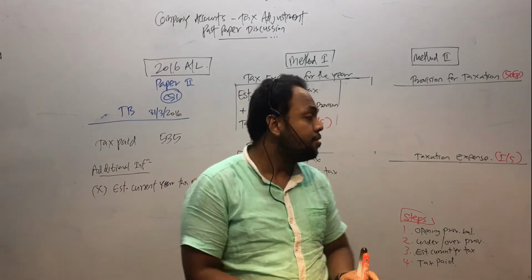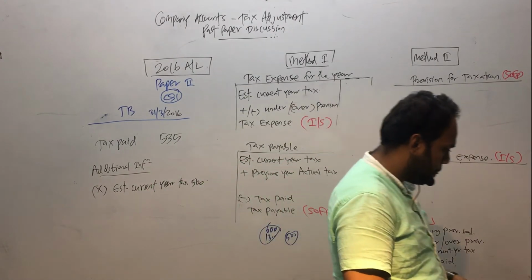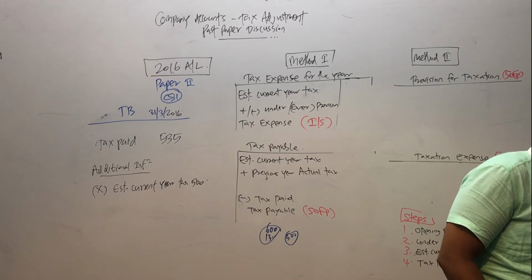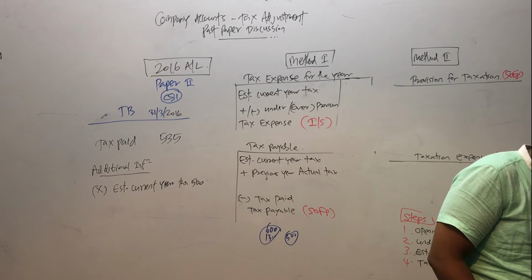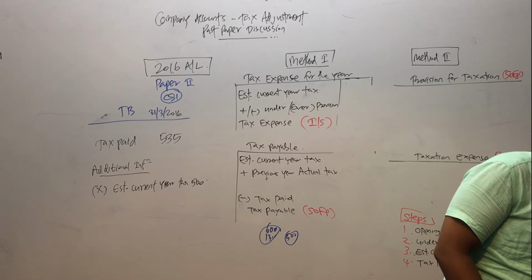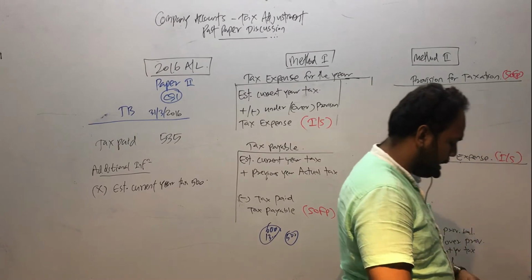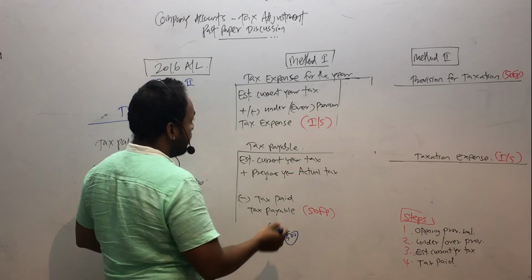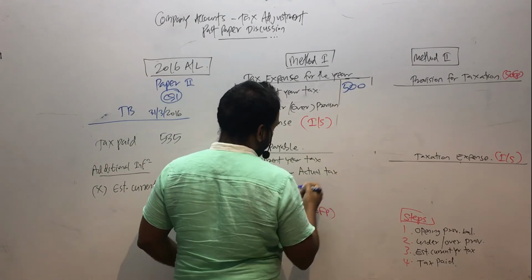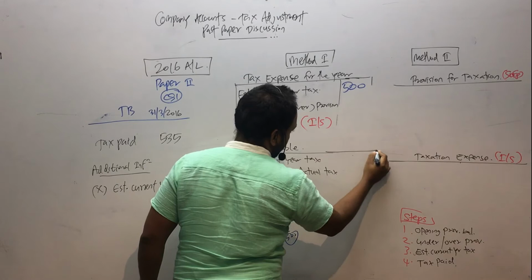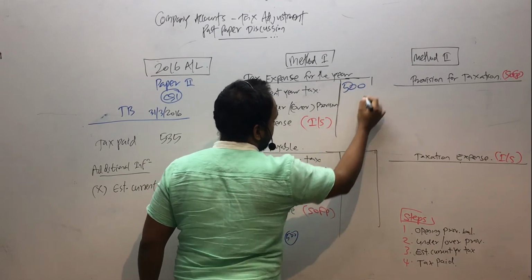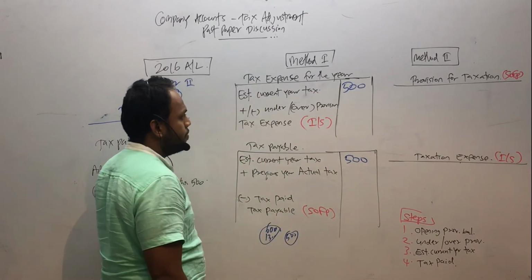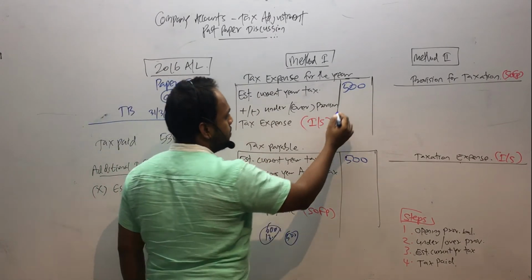So let's put this into the format. Estimated current year tax is 500. There is no under or over provision.